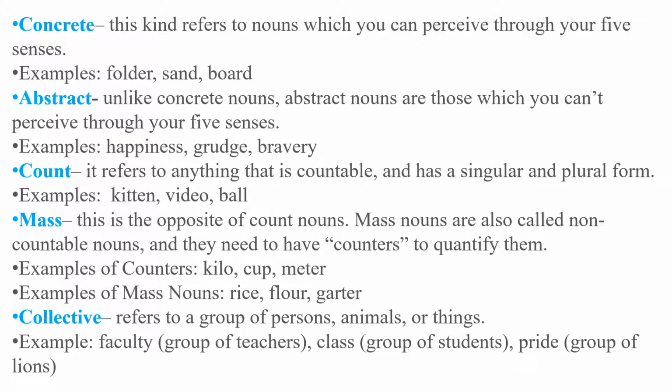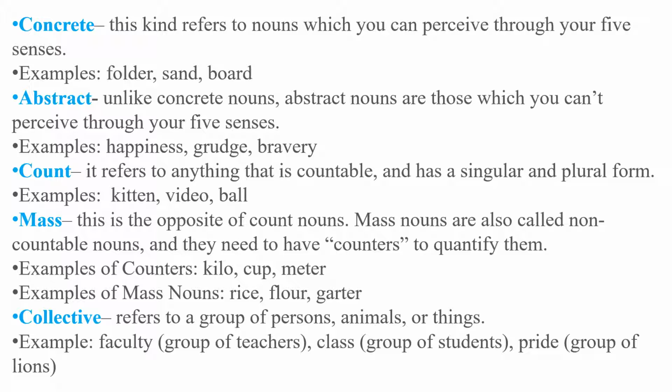For example, kilo, cup, meter. If you want to prepare a recipe and take sugar, the sugar may be given in the form of grams or cups. Here you cannot count it. Hair, milk, you cannot count milk. Examples of mass nouns are rice, flour, and so on.